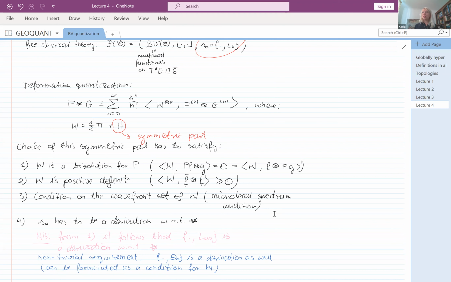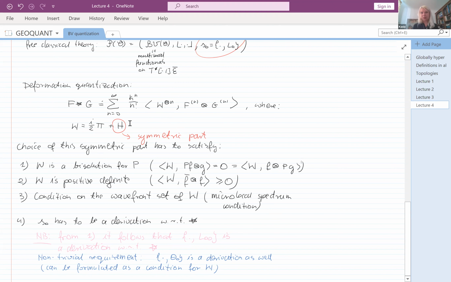With deformation quantization, you can quantize more observables somehow, right? It's somehow the way to address the ordering problem. In canonical quantization, we need the normal ordering. Yes, and in a sense, this choice of W here, of this integral kernel, is the choice of normal ordering in canonical quantization.